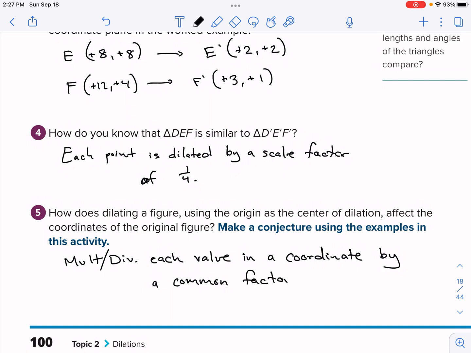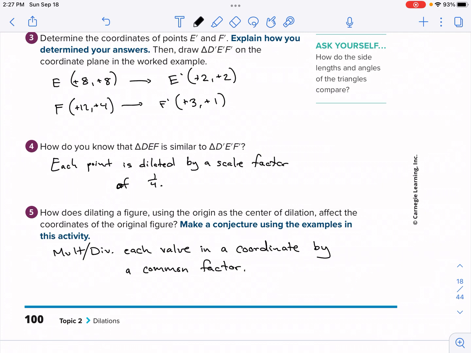So that's all we got to do. We looked at past, but since it is from the origin, it makes our life a little bit easier. You just either multiply or divide the values in the ordered pair. Okay, we're gonna move on to activity 2 to put that information now into practice.